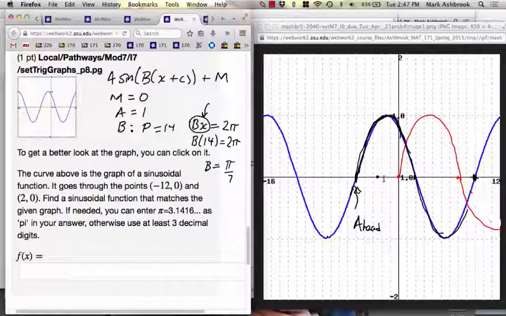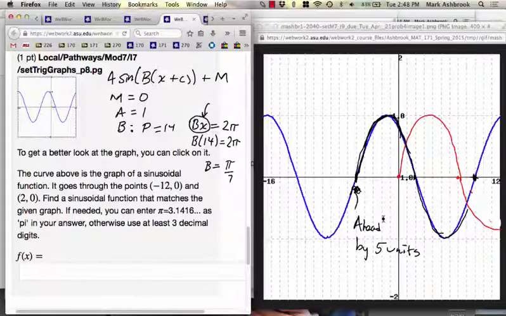1, 2, 3, 5. Ahead by 5 units of input. So its angle is 5 greater or 5 less? 5 greater. It's ahead. The one we're trying to draw is ahead of an unshifted sine by 5 units. It comes first. So its argument angle is 5 more.